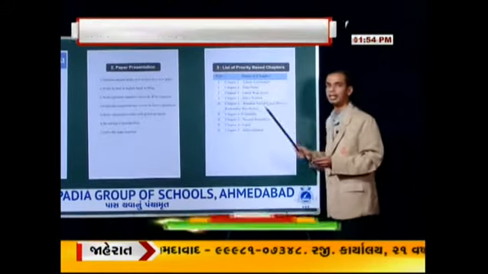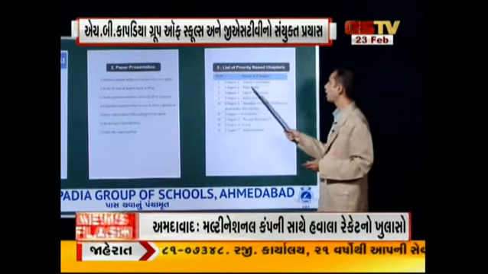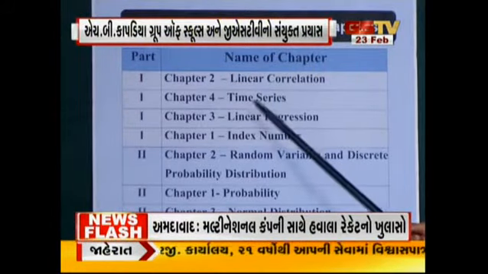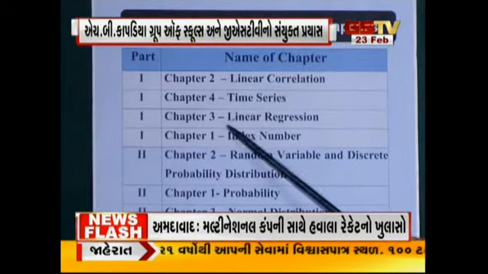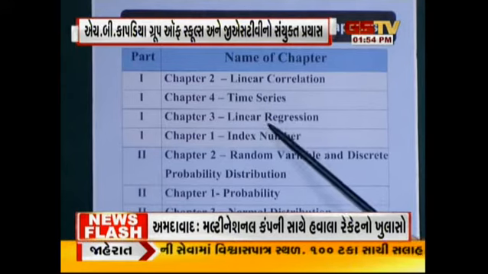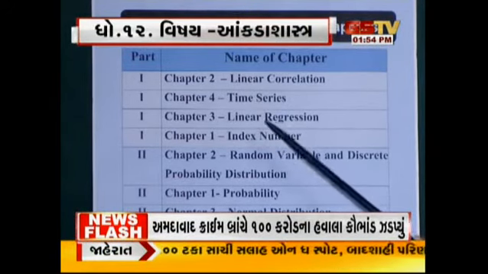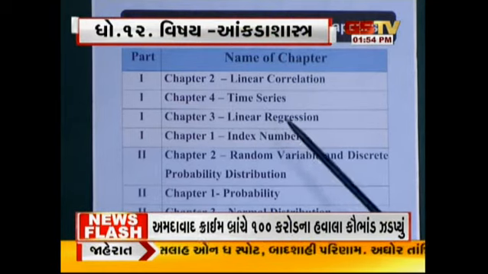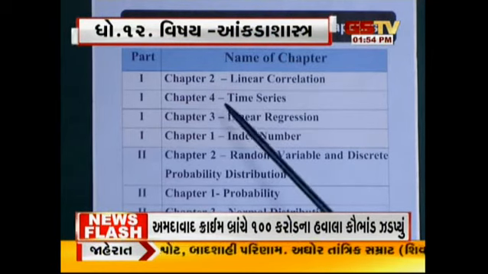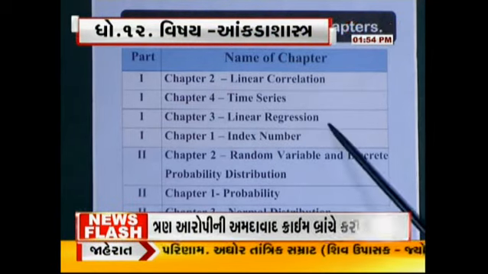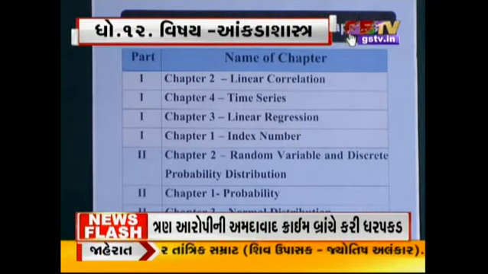Both are very easy chapters. Now then after, there is some similarity between chapter 4 and chapter 3. Here least square method, here again least square method. The 3 steps to solve the sum of time series and to solve the sum of regression are the same. So you can easily go for chapter 3 linear regression after completing chapter 4 time series.